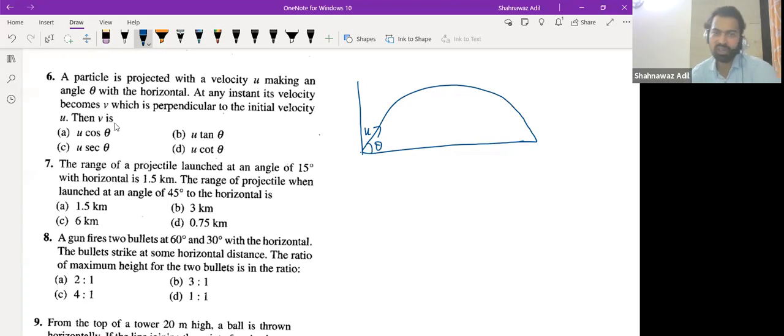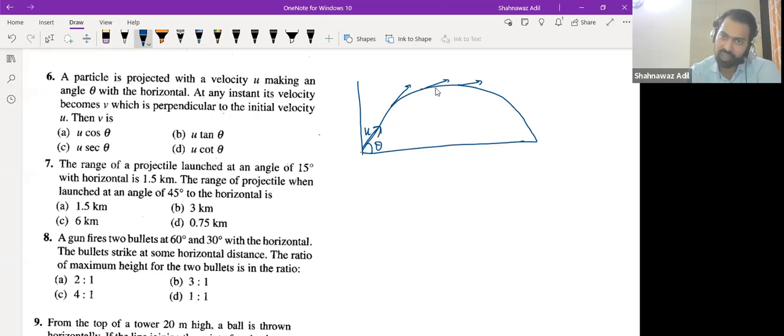Then v is what? So we have to figure out at what point this velocity has become perpendicular to this u velocity. At this point it is this. At this point it is this. At this point it is this. Right? At this point it is this. So is it perpendicular to this one? No, sir.